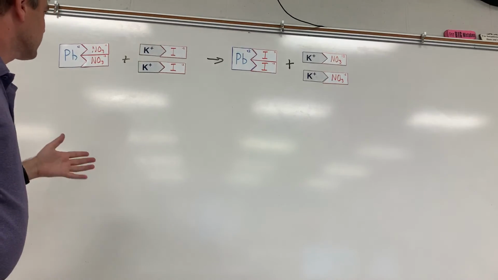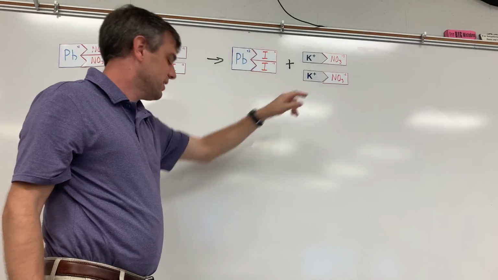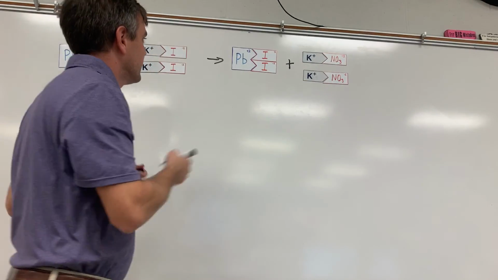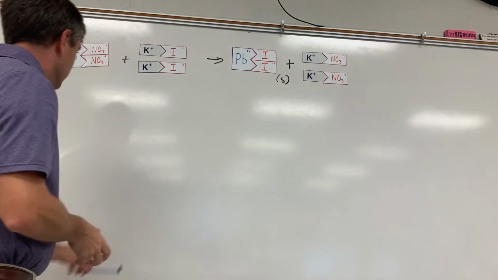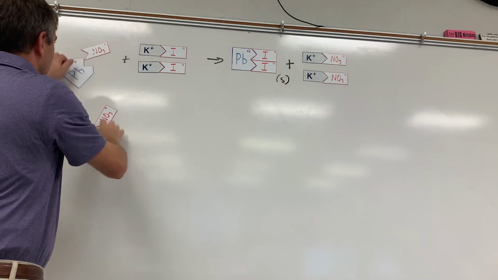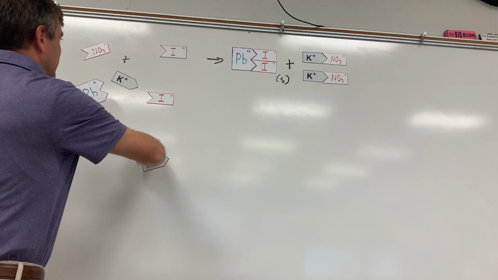For this last reaction, you have lead nitrate and potassium iodide, making lead 2 iodide and potassium nitrate, and lead 2 iodide is our precipitate. Because when you dissolve this into water, you get leads and nitrates and potassiums and iodides all moving around.